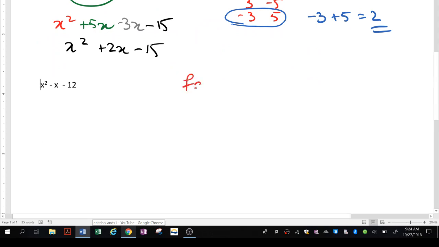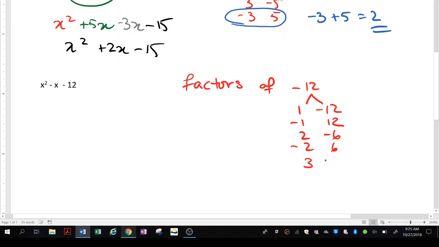We know that's 1 and negative 12, negative 1 and 12, 2 and negative 6, negative 2 and 6, 3 and negative 4, and negative 3 and 4.